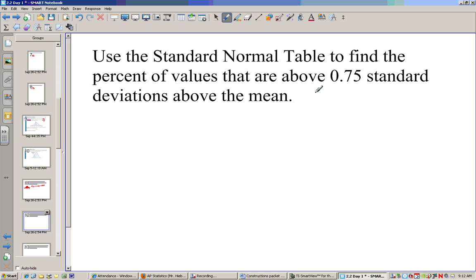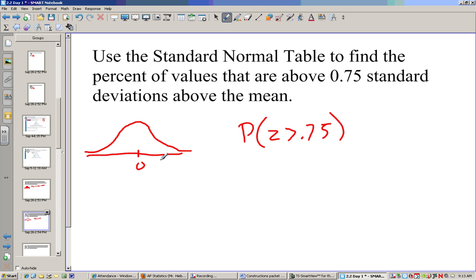Now if I want to find the percent of the data that's above 0.75 standard deviations, I want to find the probability my z is above 0.75. So if we drew this out, this is 0, 1, 0.75 is about there, and it's going to be to the right. I would guess that that's about 30%. Let's check it out.